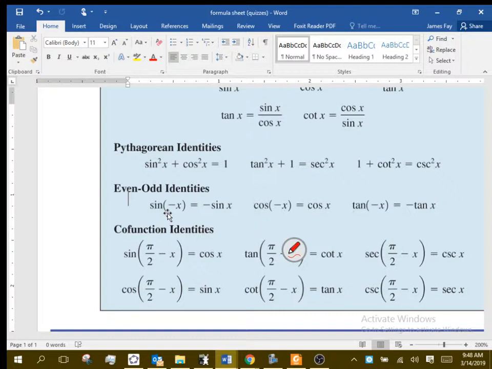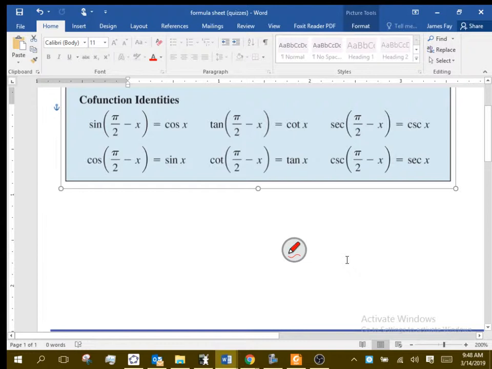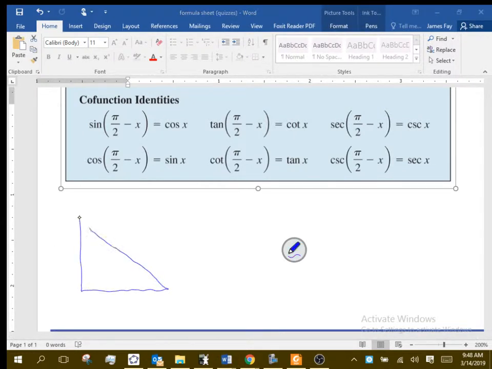Okay. The bottom ones we talked about a little bit. They're called cofunctions. Okay. Now, in a cofunction relationship, think about what we did in geometry. In geometry, or even in chapter 5, if I gave you that, let's say this is y, let's say this is x, and this is r, and let's say that I put 40 degrees here.